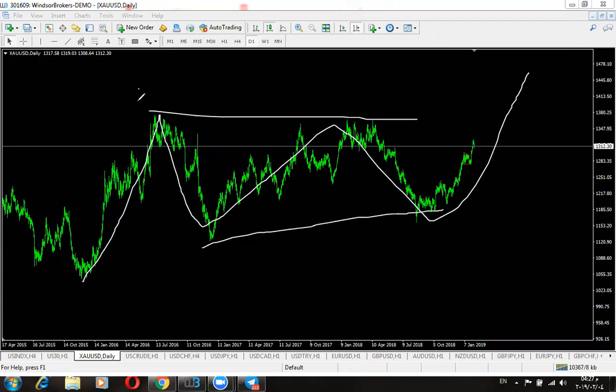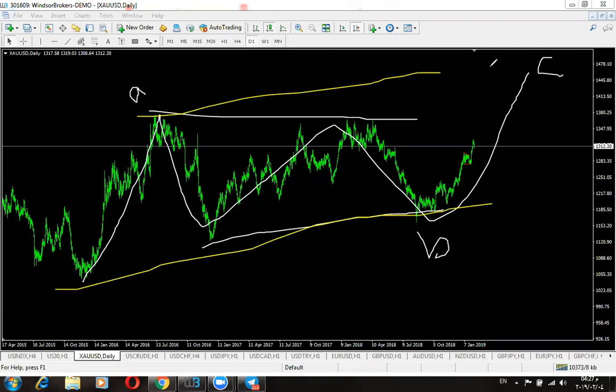This is whole A, this is B, and this is C, where we have a big regular flat in the daily time frame. So we are bullish for the gold until we see 1,400 or even 1,500 for the gold.